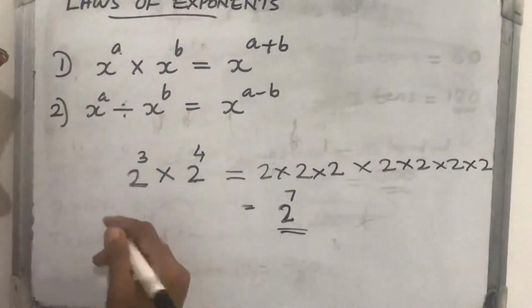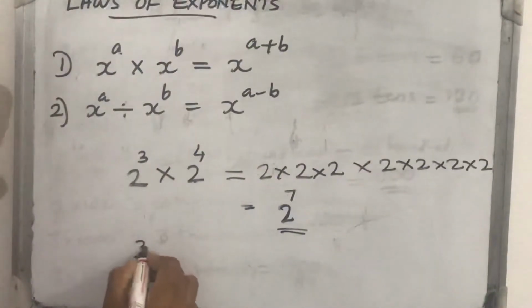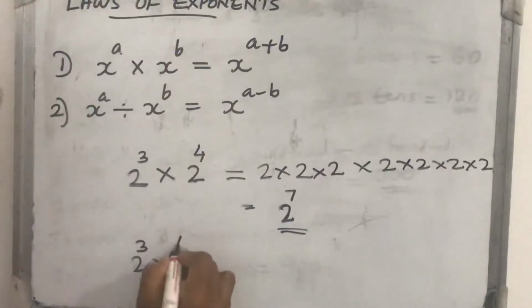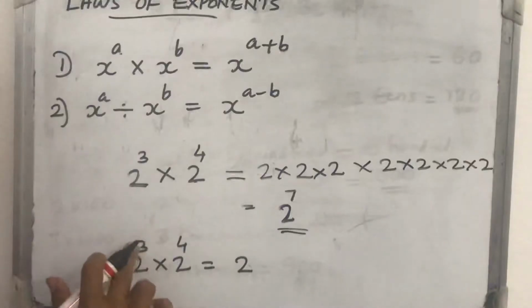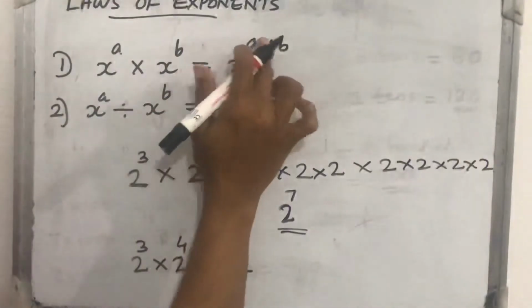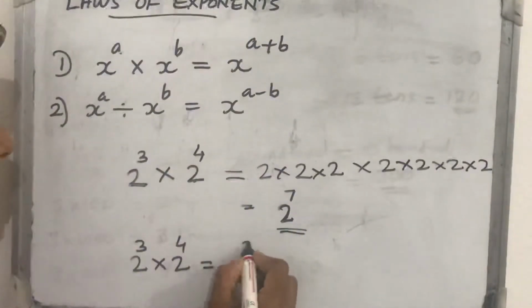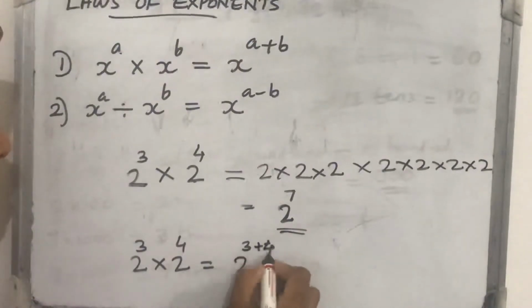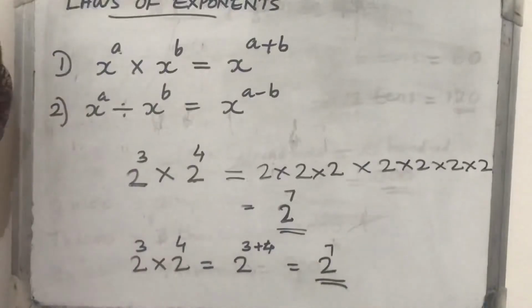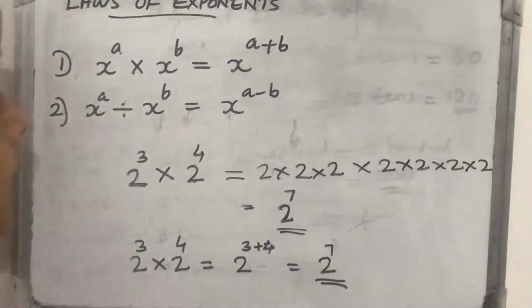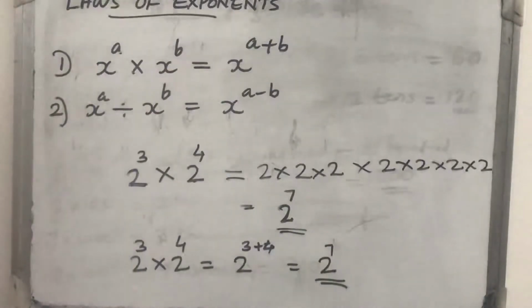So when we use the law, we can write 2 raised to 3 into 2 raised to 4 is equal to 2 raised to 3 plus 4, a plus b. So what is 2 raised to 3 plus 4? 2 raised to 7. Okay, this way we can use this law of exponents for multiplication of any exponent numbers.